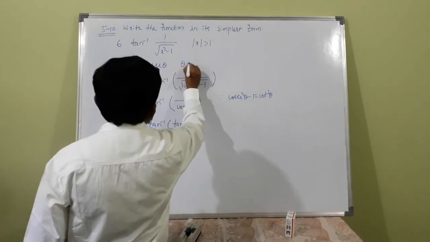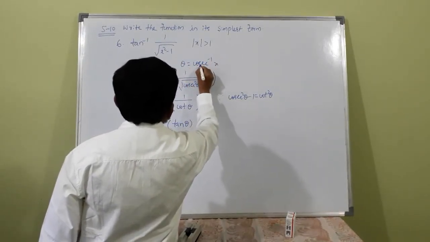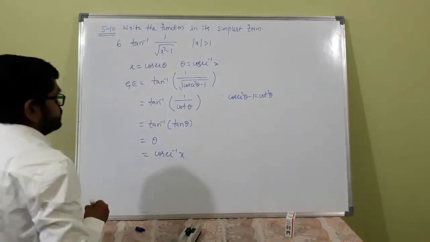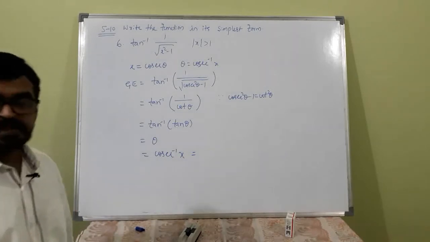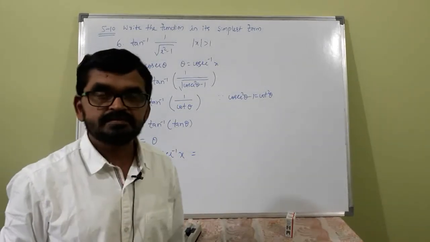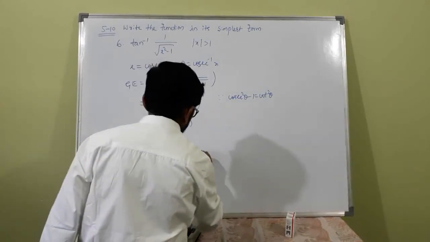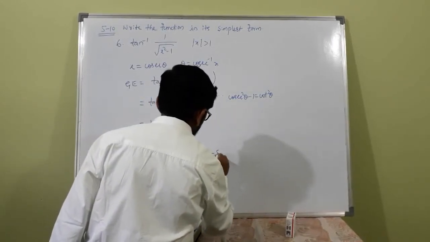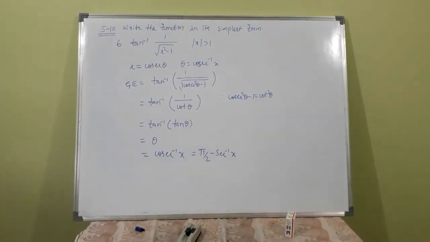So theta is cosecant inverse x. Or this can also be written as, because you know that cosecant inverse x plus secant inverse x is equal to pi by 2, this can be written as pi by 2 minus secant inverse x.